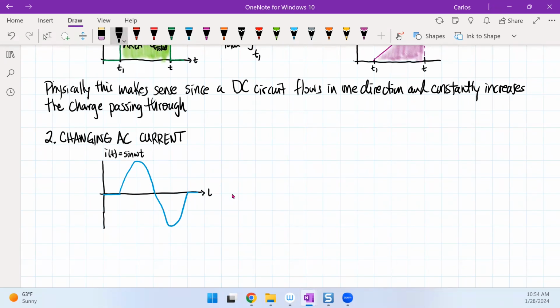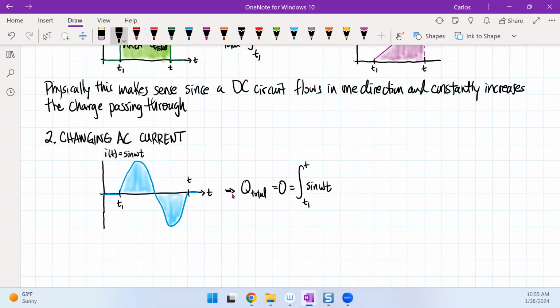Maybe I call this t1, and I'm going to call this time t. So when you look at these areas, you could see the first half is positive, the second half is negative. So there's as much positive as there is negative, so mathematically, we would expect that Q total should be 0, and if you integrate this guy over one cycle, that will be 0.